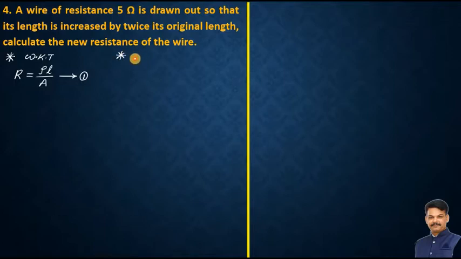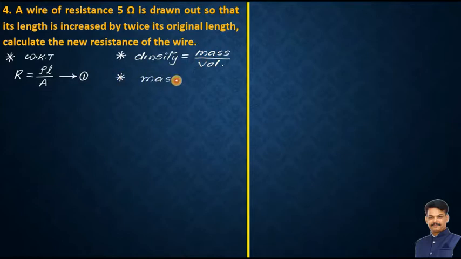Basically we know that the density of any material is constant. So if a wire is there, it may be made up of copper or aluminium or silver, its density will be the same, and density is related with mass and volume, isn't it? So therefore here we can consider the mass of the wire.